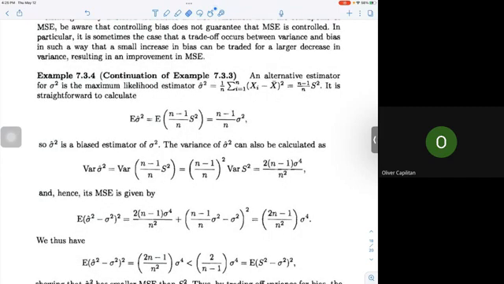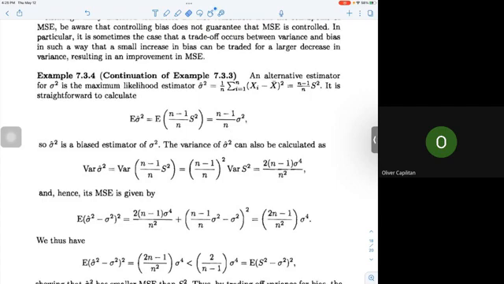So if we're going to determine the mean of this estimator, sigma square hat, that's actually the expectation of n minus 1 over n times the sample variance S square.